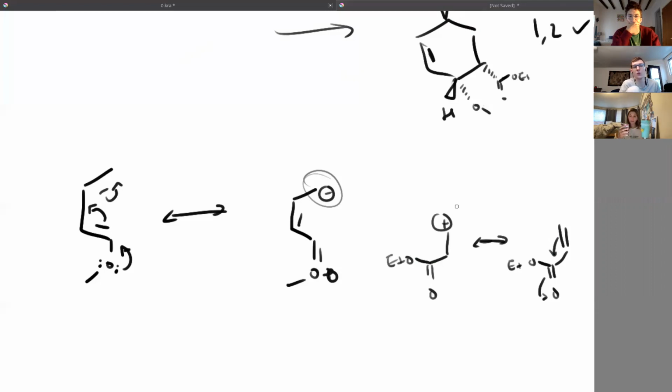This is why we did that whole work earlier in flipping the molecule around. We flipped the molecule along this axis because we wanted this plus and this minus charge to be next to each other. This is a sort of opposites attract kind of situation.